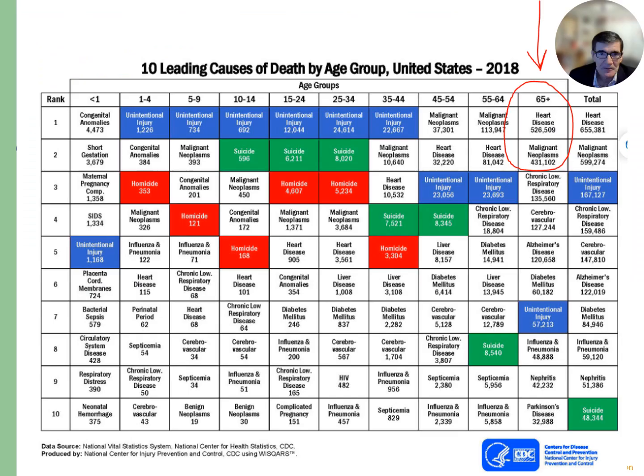So let's get started. As you can see from the 10 leading causes of death by age group in the United States, this is from 2018, but the numbers are still valid for what we can use today. You will notice that at ages 65 and older, heart disease is by far the largest cause of death in the United States.